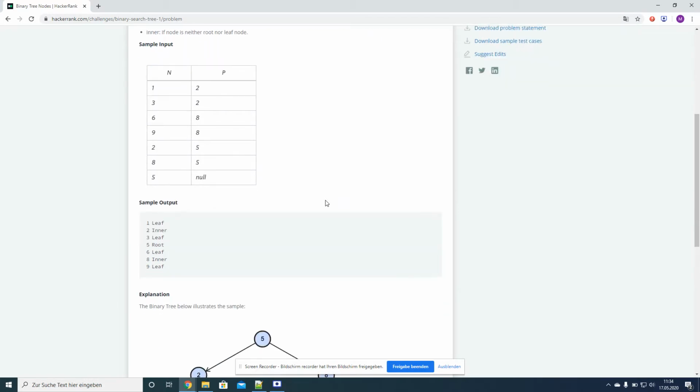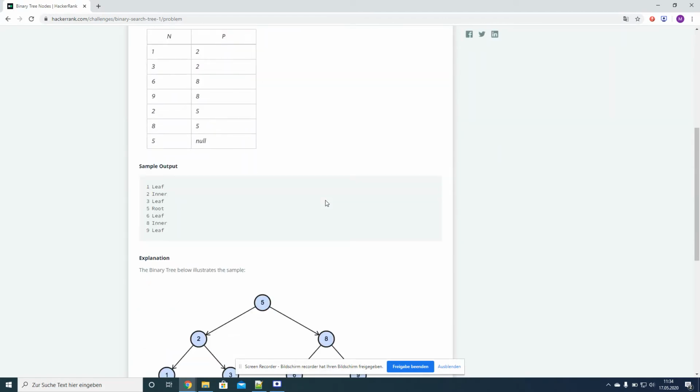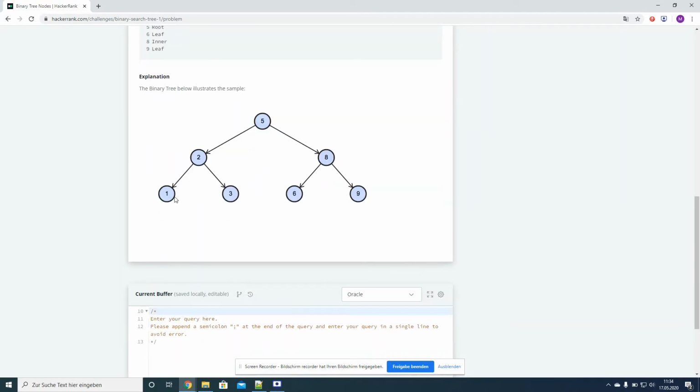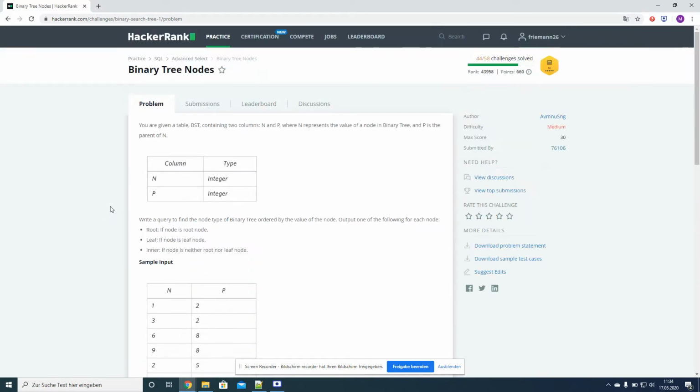So what is n and p? The binary tree below illustrates the sample: 5, 2, 3, 1, 5, 8, 6, 9. Okay, what is n and p?